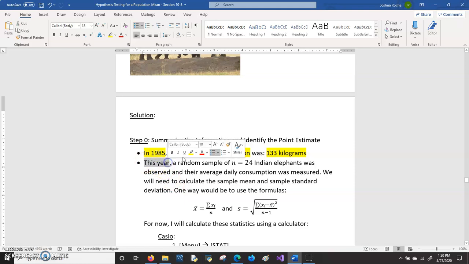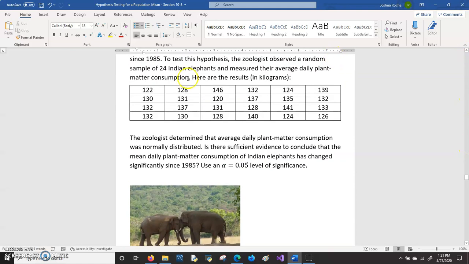So this year, that mean daily consumption is not known, but they did take a sample of 24 Indian elephants, observed those elephants, and measured their average daily consumption. And from that observation, this zoologist obtained all this data.